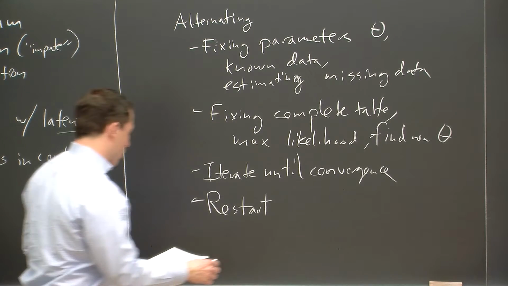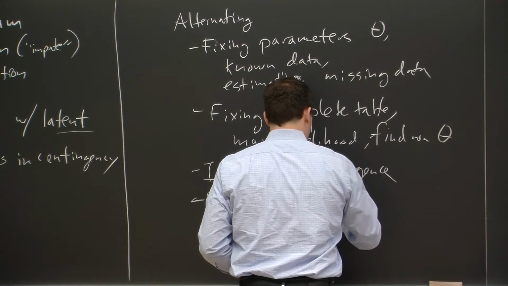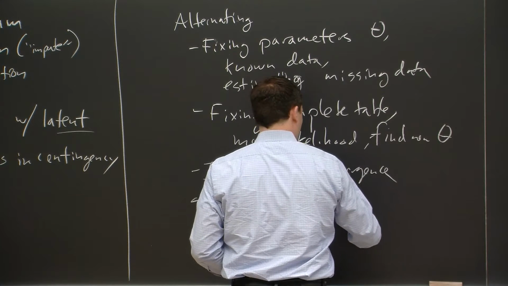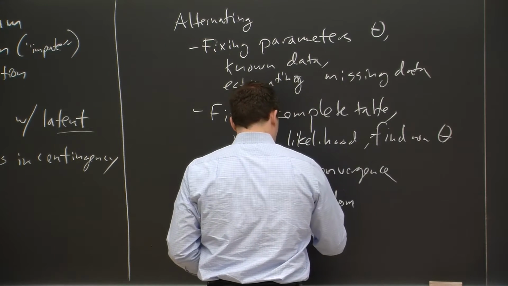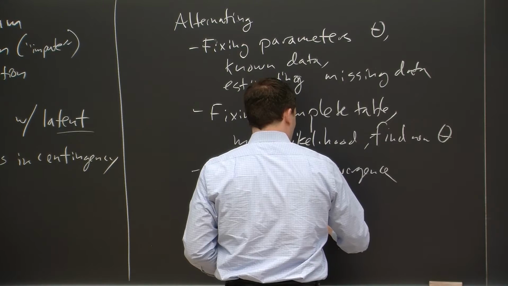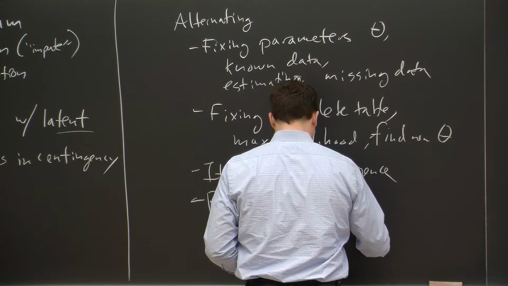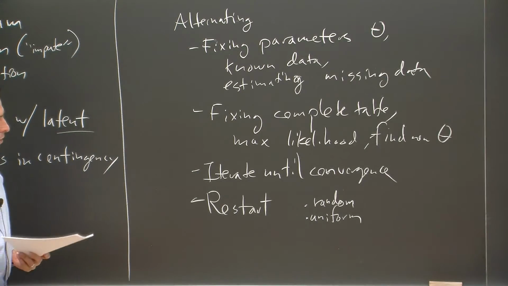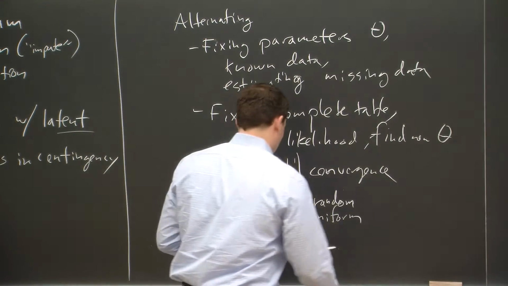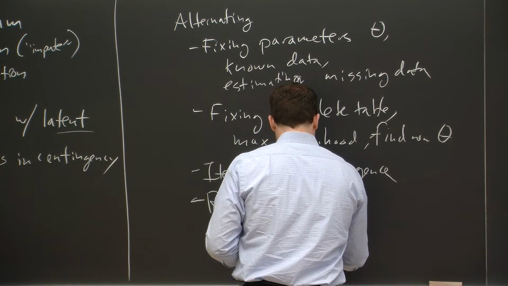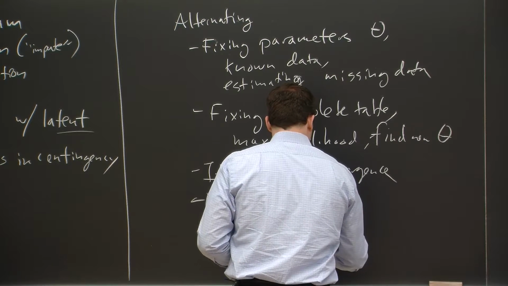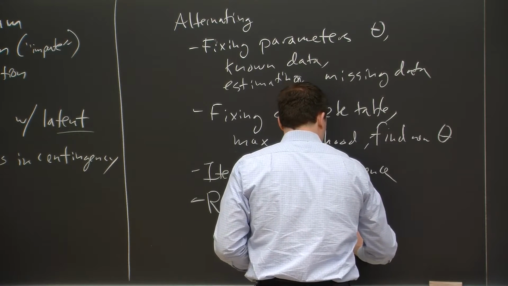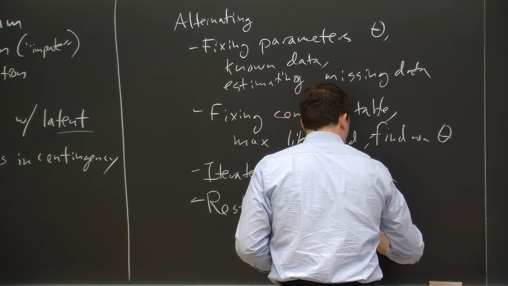So, ways to choose the starting value. We said we could choose it randomly. We could choose it to induce a uniform distribution, in other words, make it all ones or something, all zeros depending on the scale. A sensible thing to do might be to use a smaller complete data set.